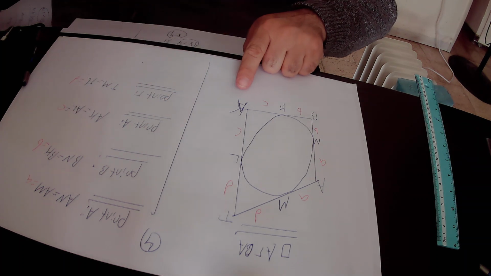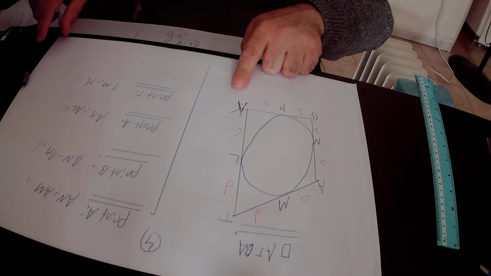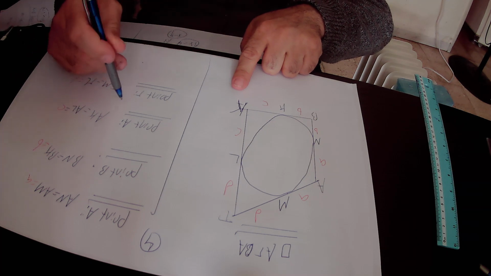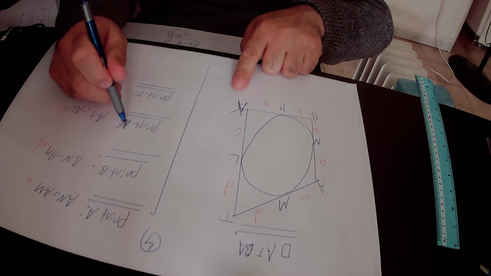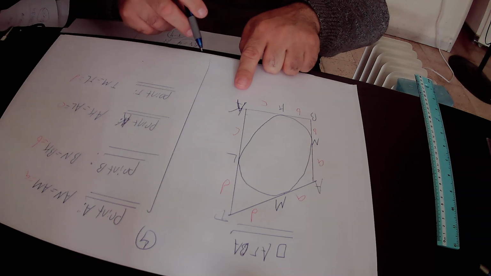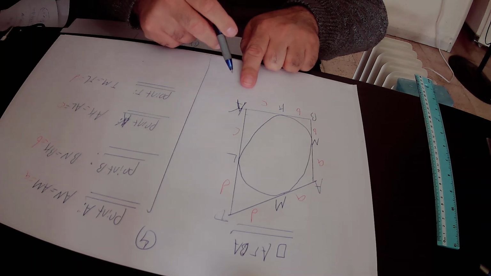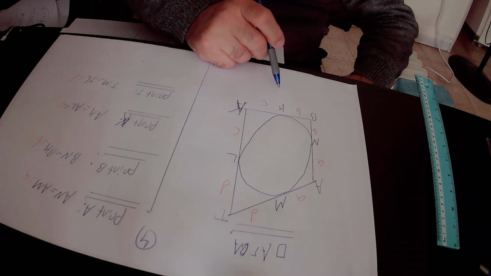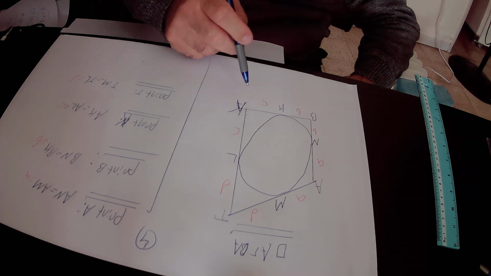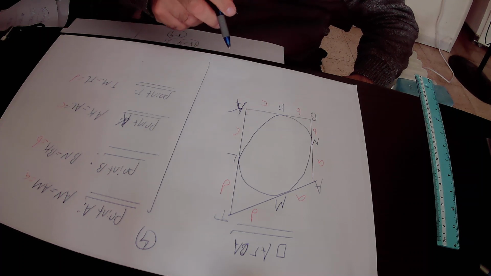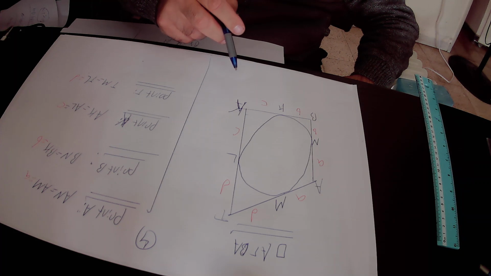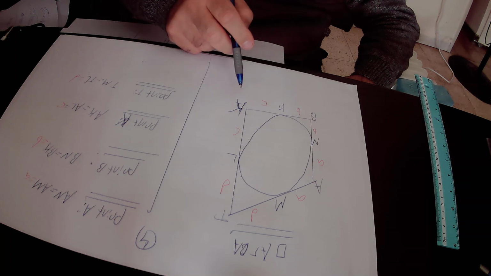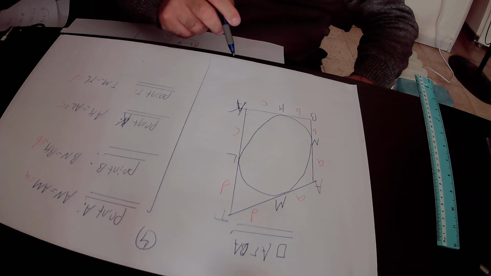Then we focus on the common external point, point K. From point K, we have two tangents to this circle, tangent KL and this other tangent. According to rule number 2, they must be equal to each other. That is to say, KL equals this tangent.